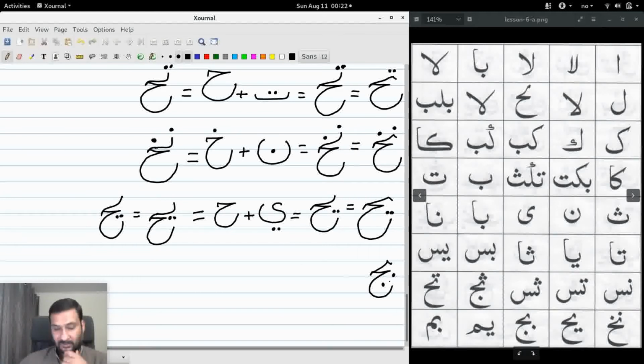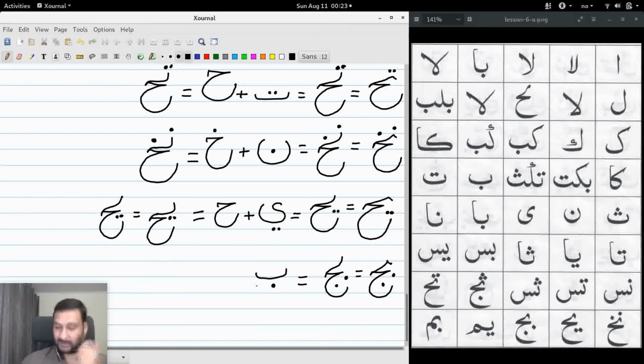So they can't be ya because they are very far apart. So what are these? First I'll give you a simplified version. And then I'm going to tell you what these are, if you have not guessed already. So what is that alphabet which has one dot below it? If your answer is ba, then it's a correct answer.